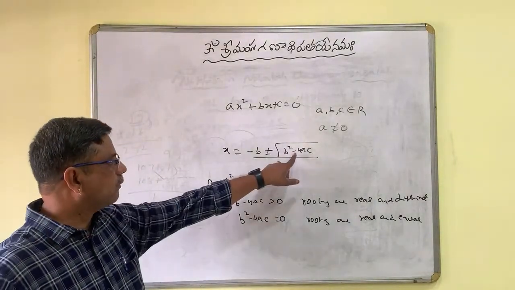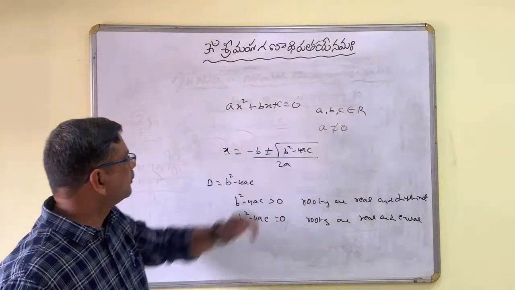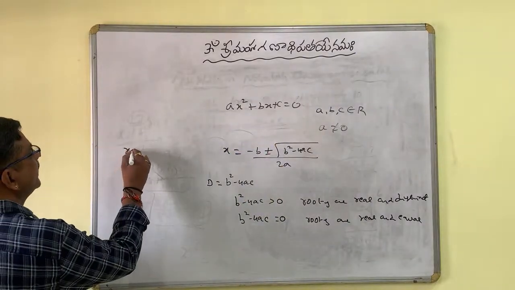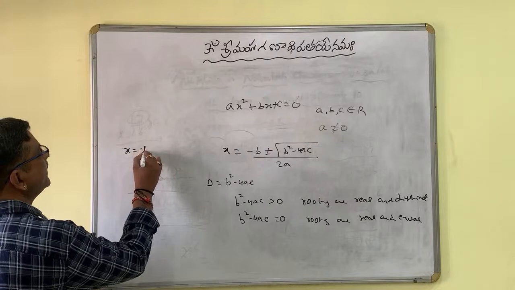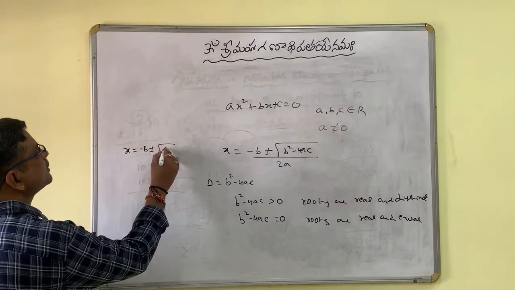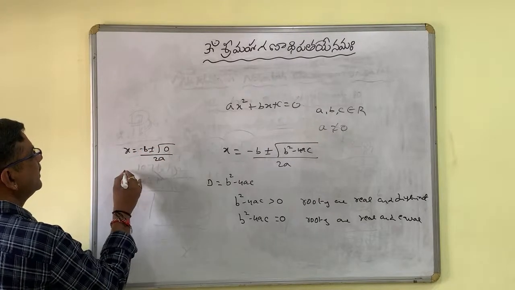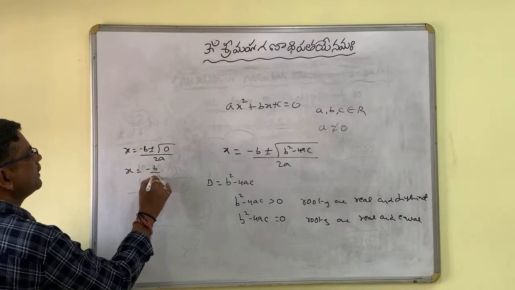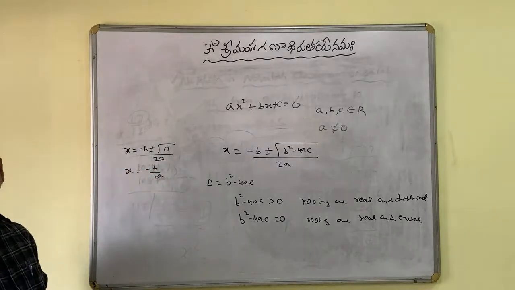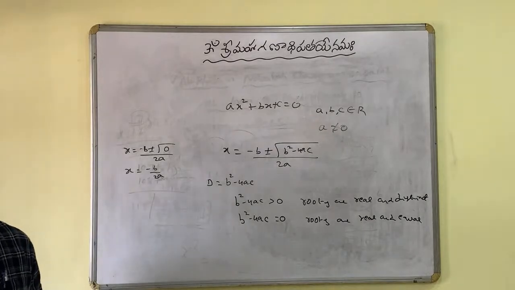If this is 0, అప్పుడు ఇదంతా ఉండదు. ఇంకేం మిగులుతుంది మనకి? x is equal to minus b plus or minus root over 0 by 2a, and we will be left with minus b by 2a.